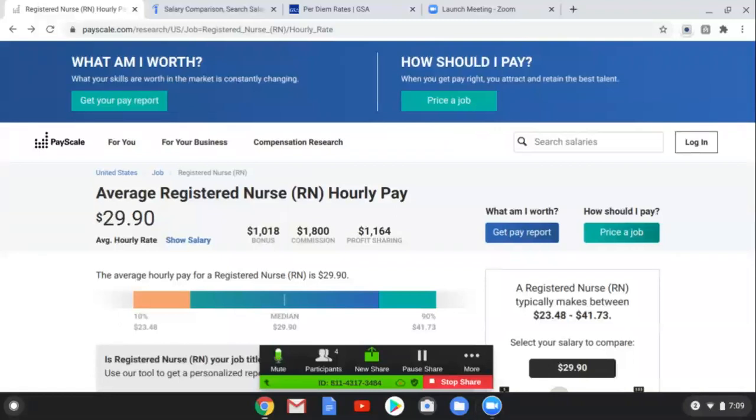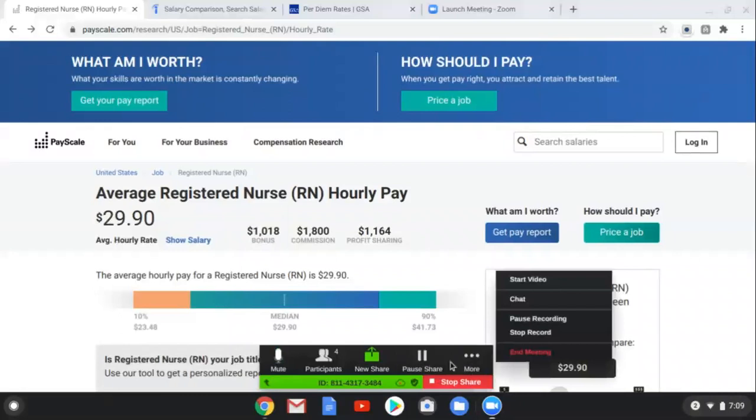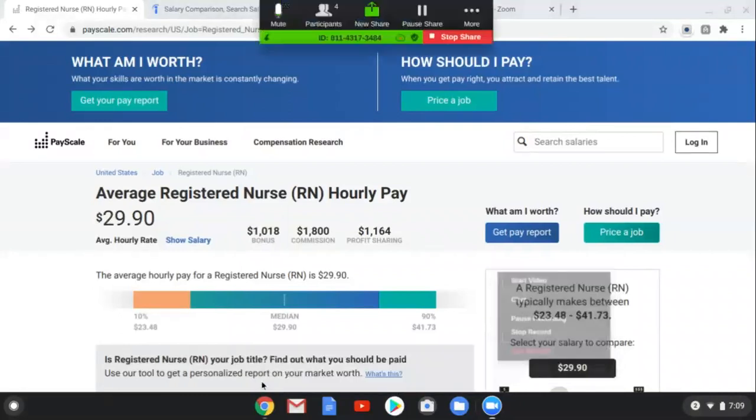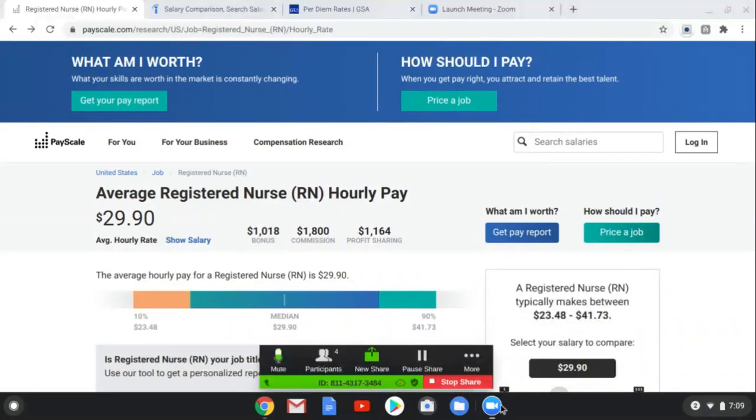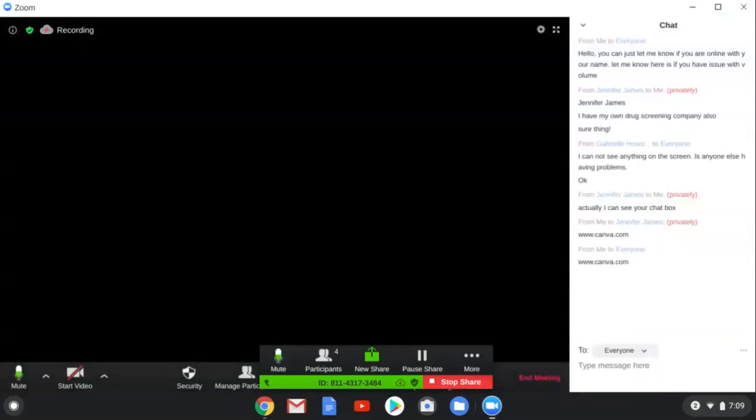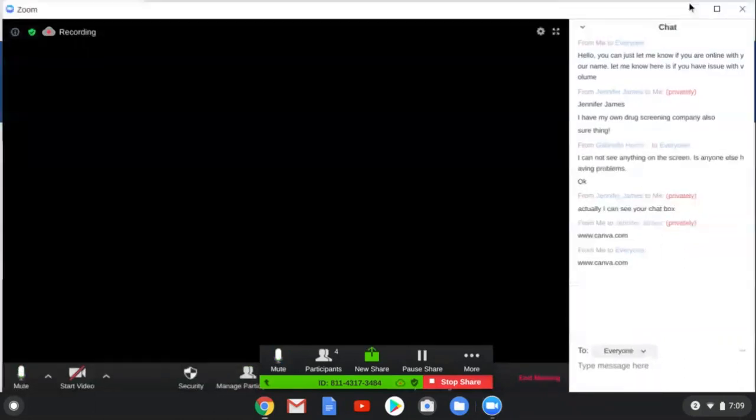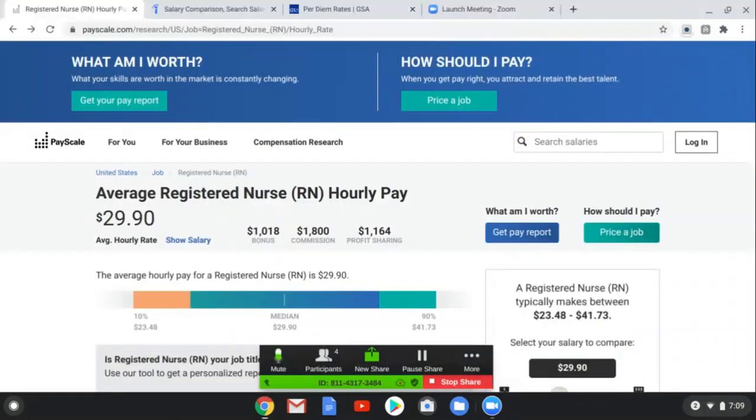So once you're able to factor that in, you want to create it in a way where you're giving yourself enough flexibility. Say the bill rate's going to be $60.